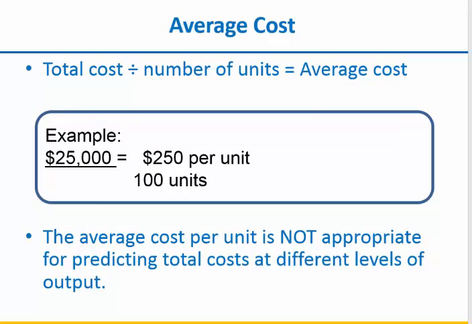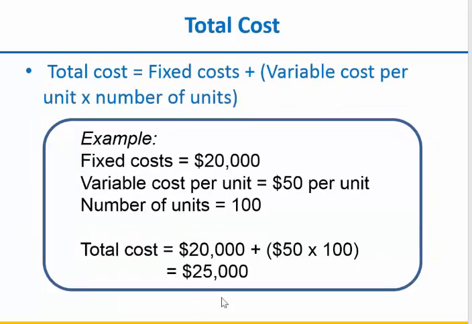Okay. So the next one is about the average cost. You basically divide the total cost by the number of units, then you find the average cost. For instance, if you go back to the previous example, we have 25,000 in total cost in this particular activity.